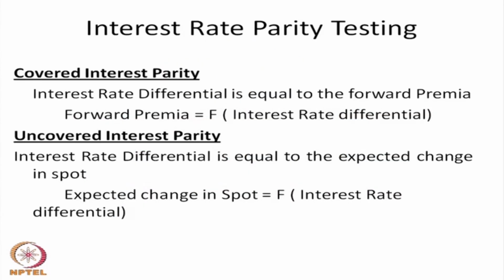If you see the parity hypotheses, I told you another major characteristic of the Indian foreign exchange market is parity. Here I have taken into account covered interest parity and uncovered interest parity, which you have already discussed, and these two parity hypotheses do not hold for India.